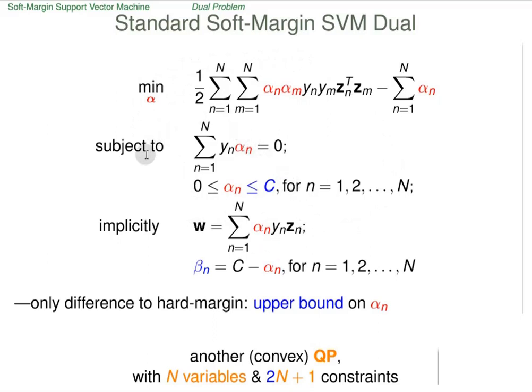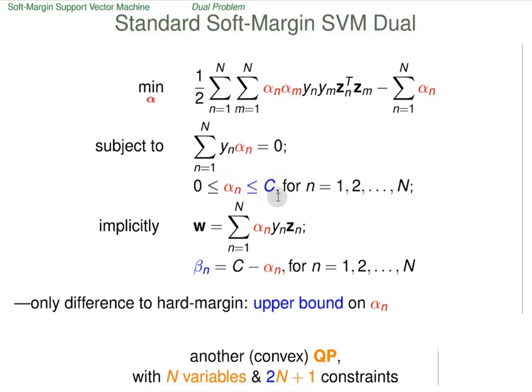If we compare with the hard-margin SVM, the only change we note is that in the dual problem, each alpha is now upper bounded by C. This is the penalty rate, instead of, in the hard-margin case, positive infinity.